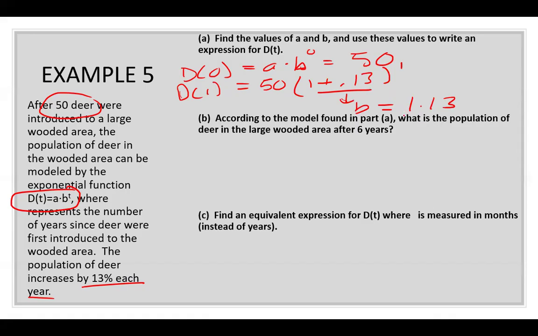So can I write a model that I can use for the remainder of the problem? I surely can. What would my model be? Perfect. D of t equals 50 times 1.13 to the t. And that's my model that I would use for the rest of the problem.